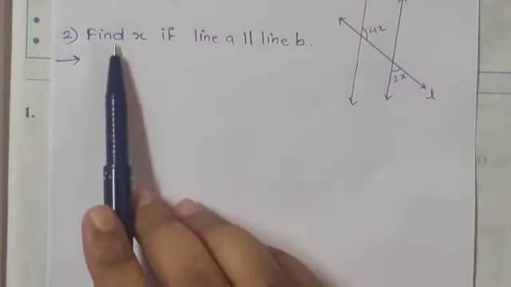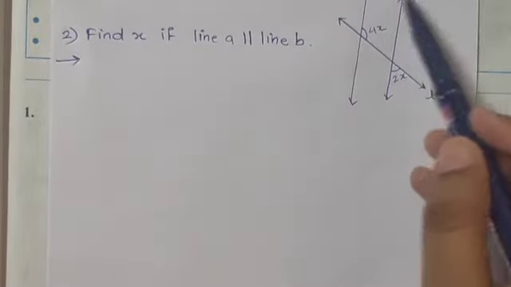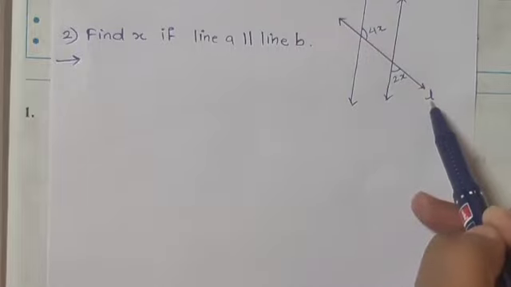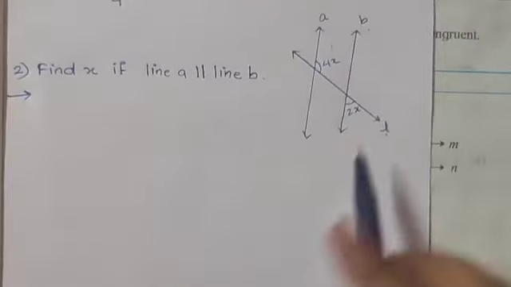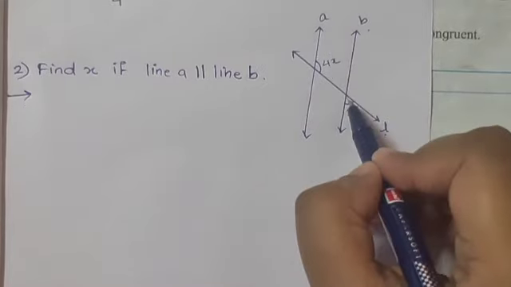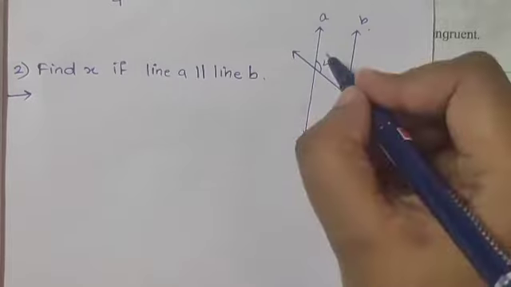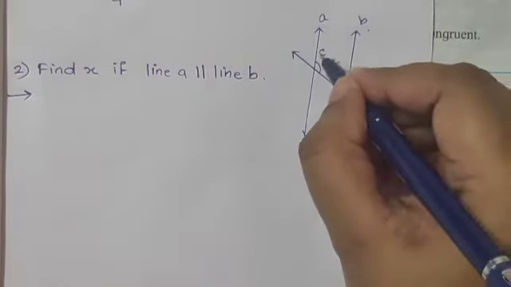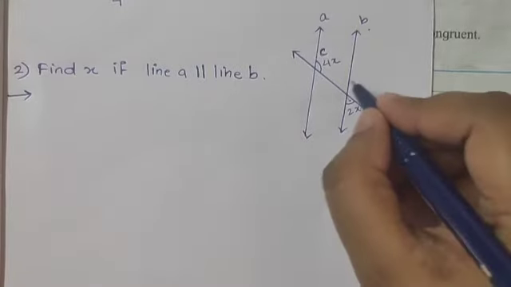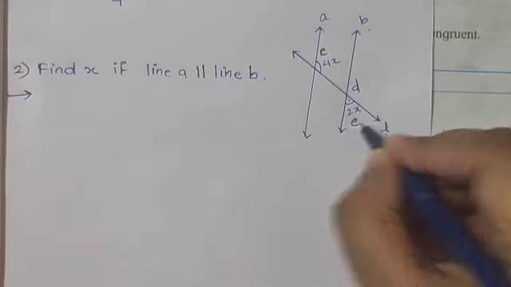So we have to find x if line A is parallel to line B, and this line L is their transversal. Now see here, this angle is given to you 4x and this one is 2x. I am taking some names here. I am calling this angle angle C, this angle angle D, and angle E.